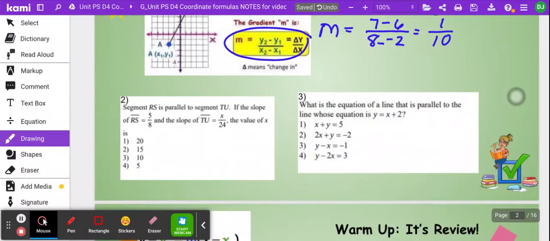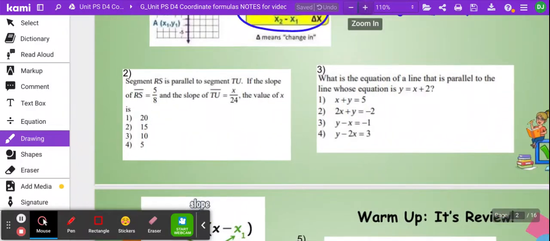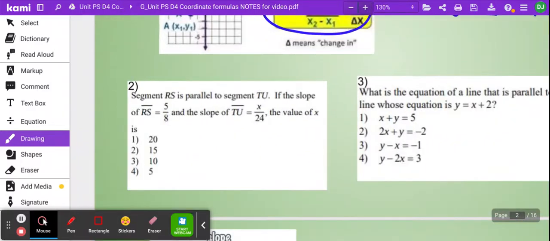Okay, let's look at the second question. How do we do on this one? So this one we had to think a little bit that we have segments that are parallel. Well, what does that mean to us? Oh, yes, parallel slopes. Parallel lines will have the same slope.